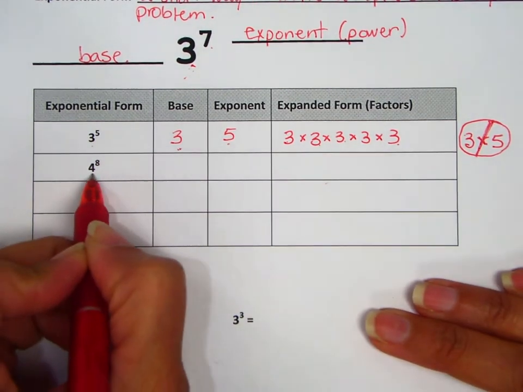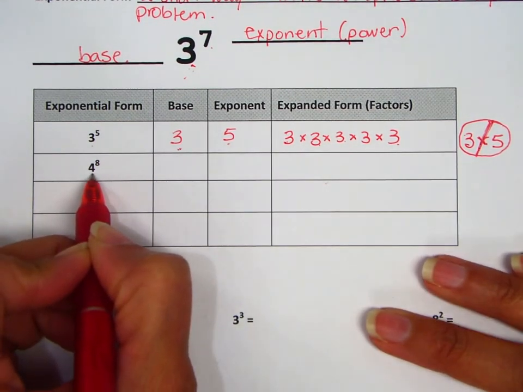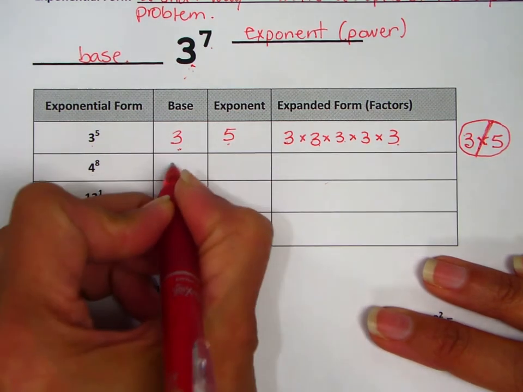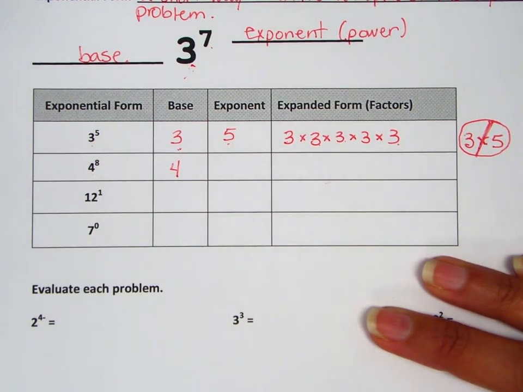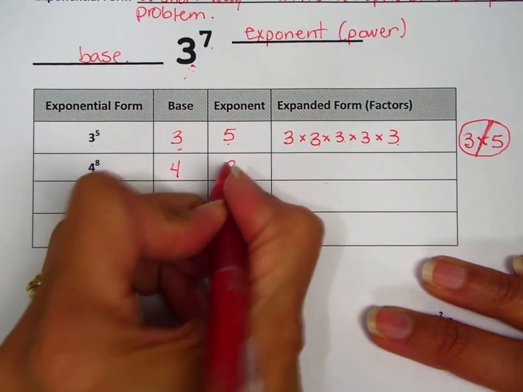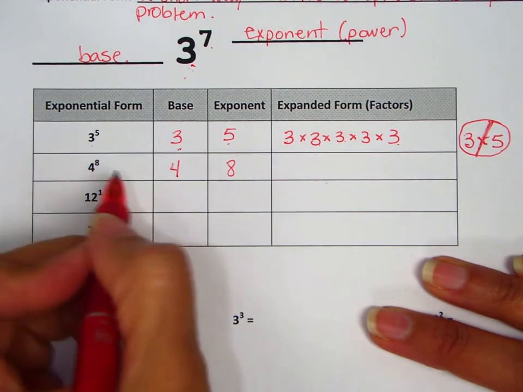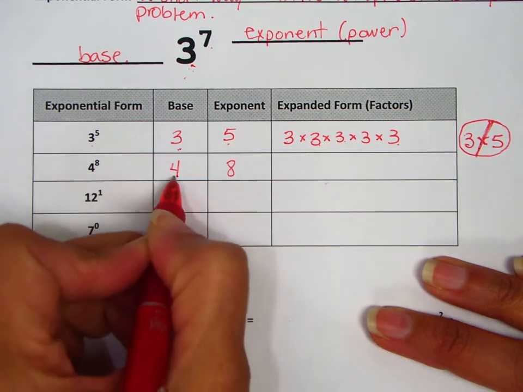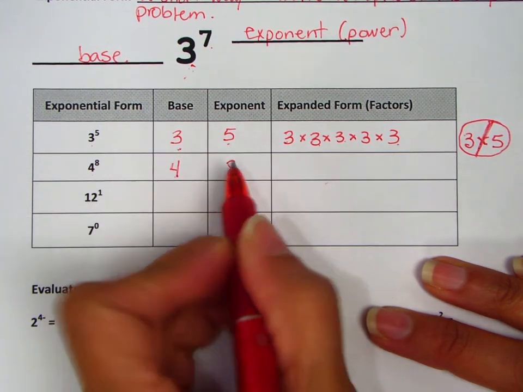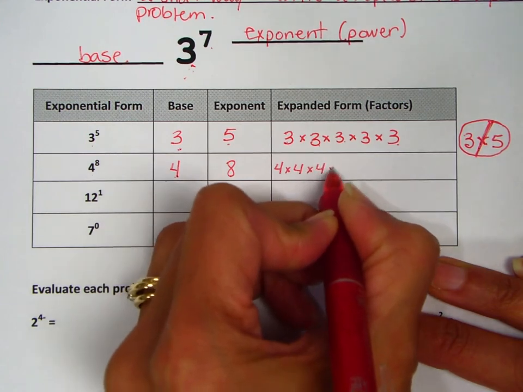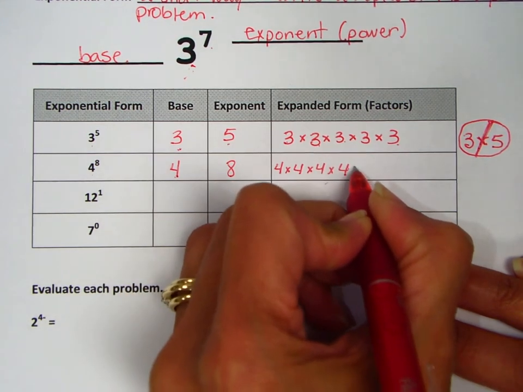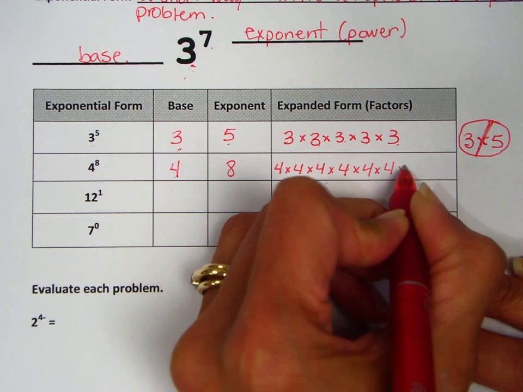So let's try 4 to the 8th power. We want to expand it. So the base is 4, the exponent is 8. We are going to power that 4 eight times. 4 times 4 times 4 times 4 times 4 times 4 times 4.